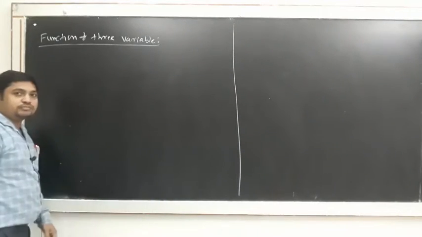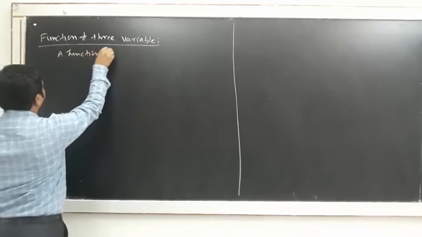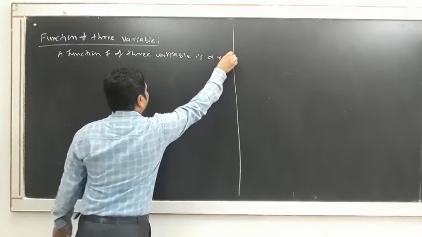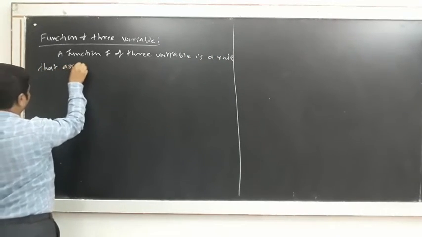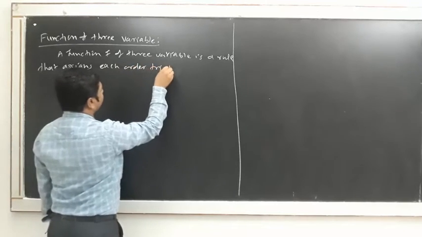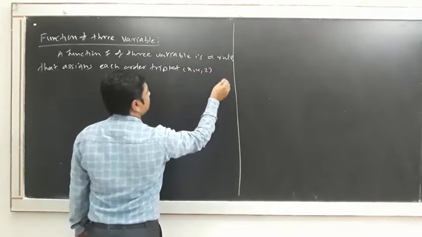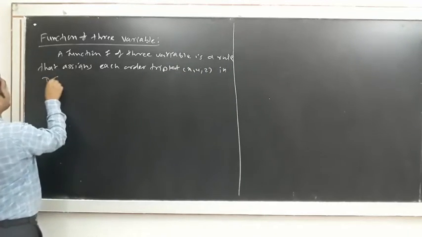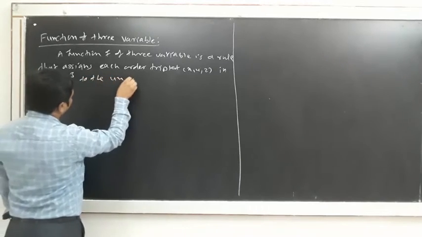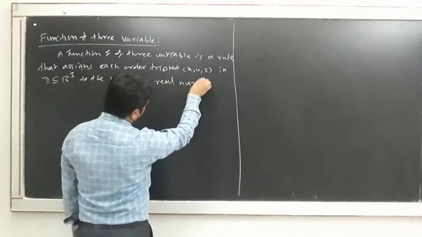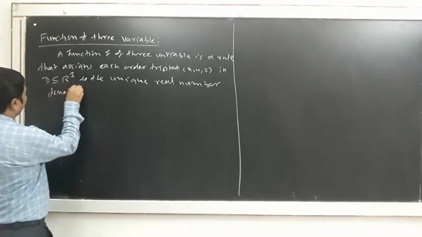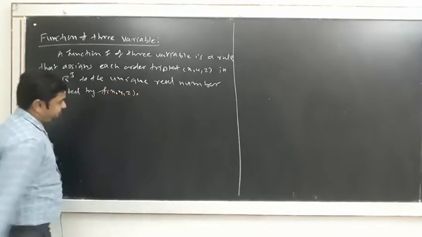I think there is no need to write the whole definition, but we can write: a function f of three variables is a rule that assigns each ordered triplet (x, y, z) in D, a subset of R cube, to a unique real number denoted by f of x, y, z.